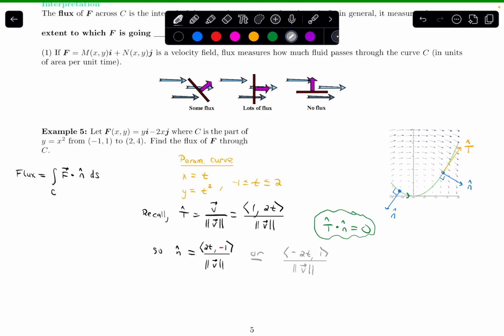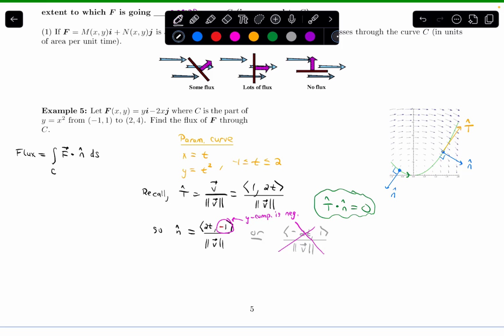But there's a way to know which one it's going to be based on the picture, which is for any normal vector that I have here, they're always pointing downwards, meaning their y component is negative. And that only happens in this one. So only in this one is the y component negative, which is what I would expect to happen based on the picture. So that lets me rule out the second choice. Now I know my unit normal vector. We're ready to plug into our formula.